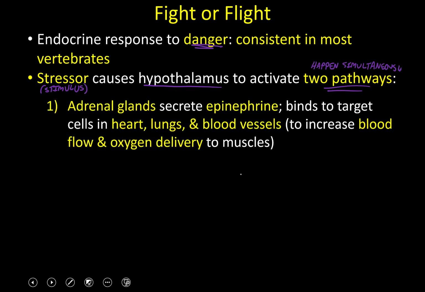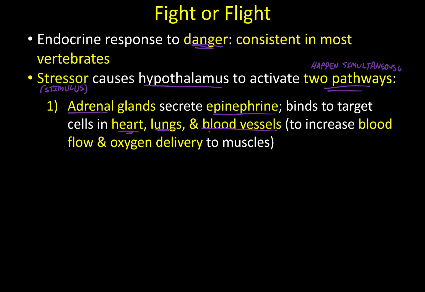Here's the first. Your adrenal glands are going to secrete a hormone called epinephrine. This is commonly referred to as adrenaline, but this is its formal name. Now, epinephrine binds to target cells located in a couple of different places: the heart, the lungs, and your blood vessels. In each of these places, epinephrine triggers the same basic response.